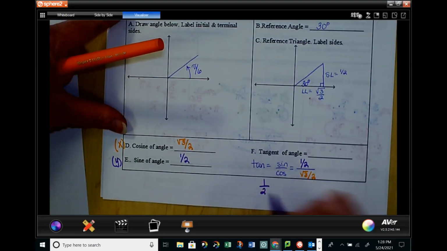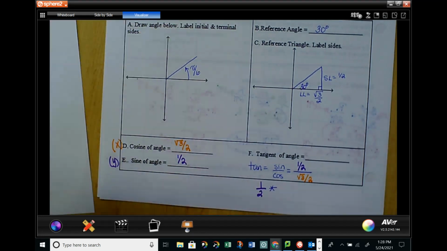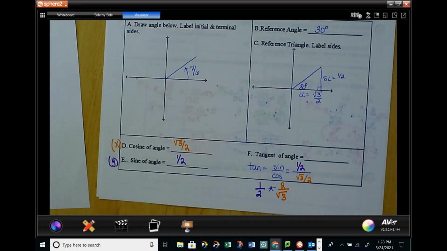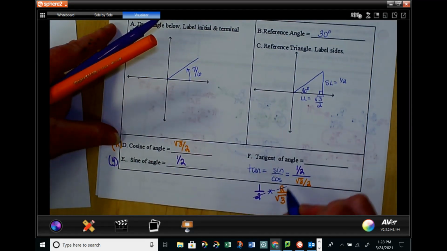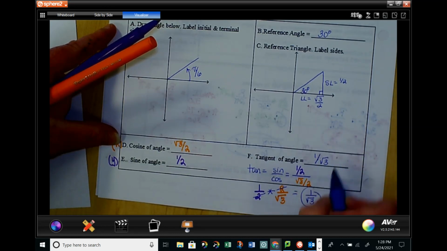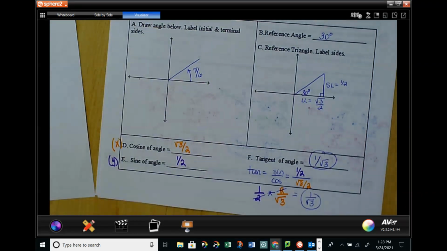You keep the original fraction, the top fraction, you change division to multiplication, and then you flip the other one. So now the 2's cancel out, because 2 divided by 2 is just 1. So you have 1 over the square root of 3. So that's your tangent. That's the tangent of pi over 6.